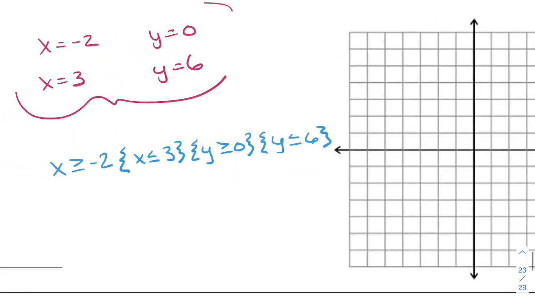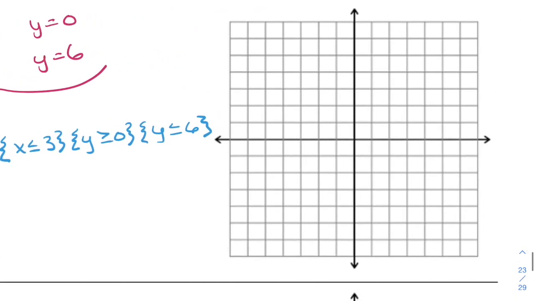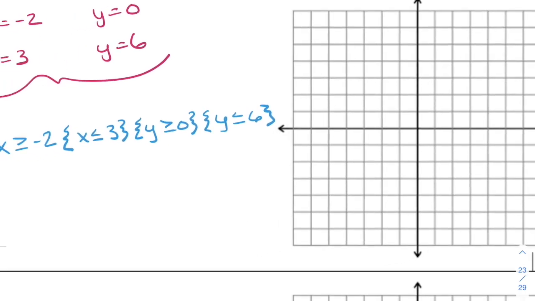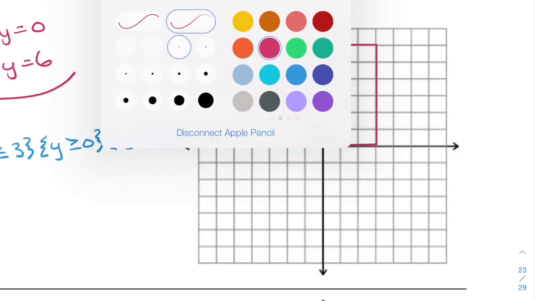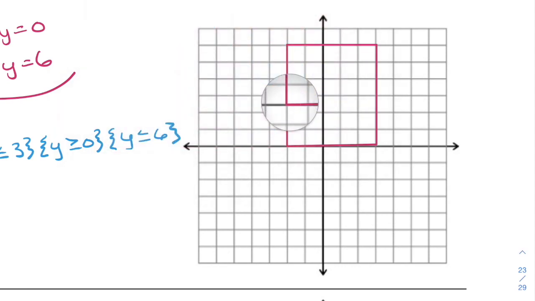So again, you don't need these items up here, but you can put them in. You'll see the lines and make sure you're right. But you'll get literally between -2 and 3, 0 and 6, you will get this immediate shading on Desmos, which is so cool.